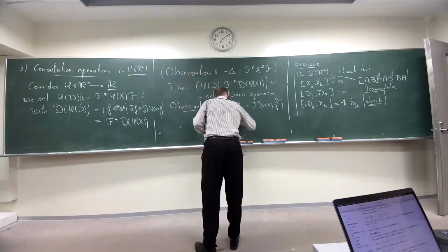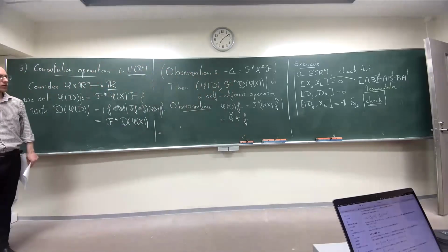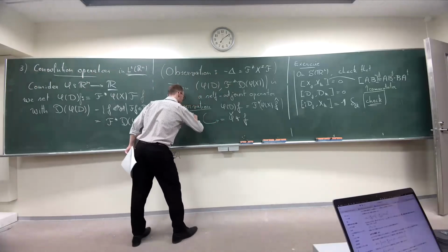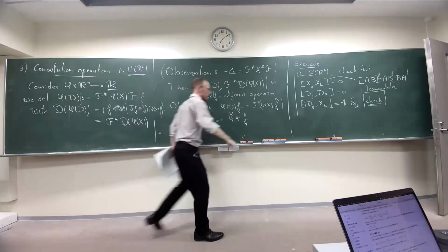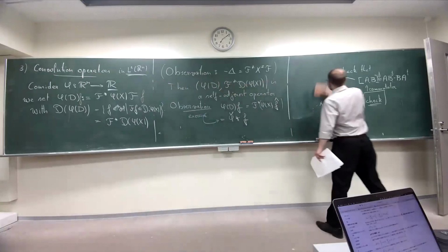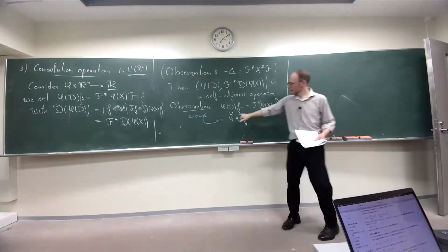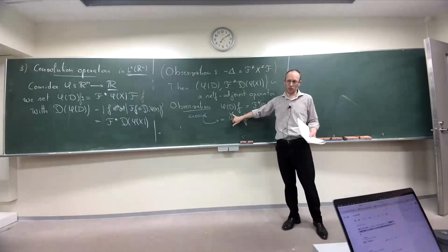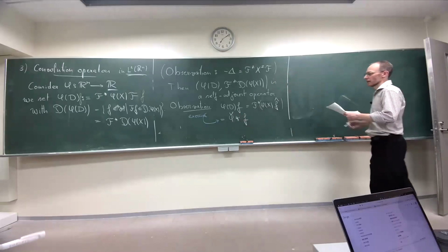It's an exercise, but I think somebody has already done it on the website. Let me just remind you the definition of convolution. By the way, this is the inverse Fourier transform, so it's f star applied to f hat phi.